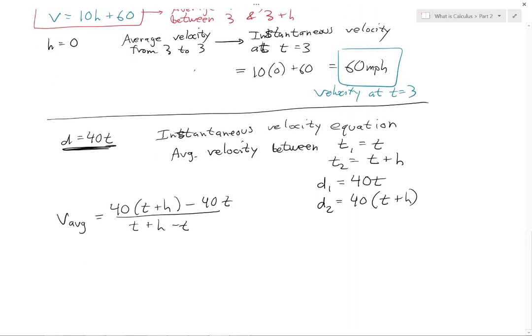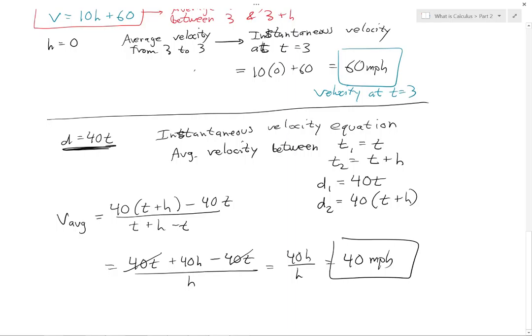So that denominator is going to become h. We're going to get 40t plus 40h minus 40t over t minus t, which is 0, and we're just left with h. 40t minus 40t, and we're left with 40. Well, that's no real surprise. We know the slope is 40 miles per hour, so this demonstrates that this velocity equals the slope of 40.